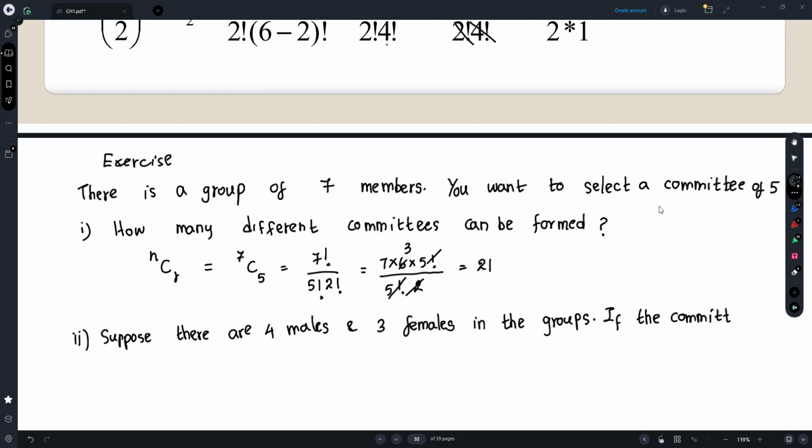let's say, if the committee has to be made with 3 males and 2 females. So that will add up to the 5, right? So your committee of 5 should be 3 males and 2 females.